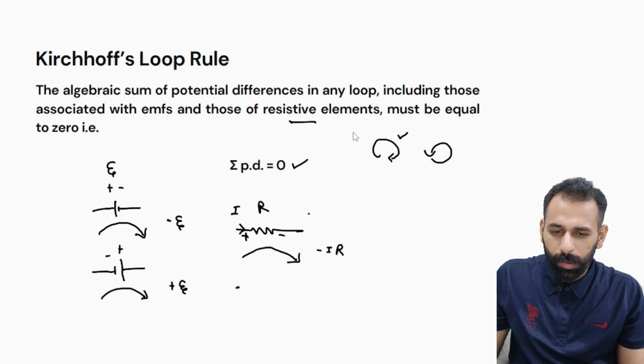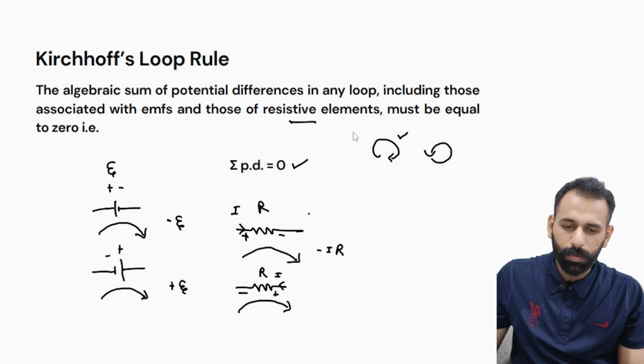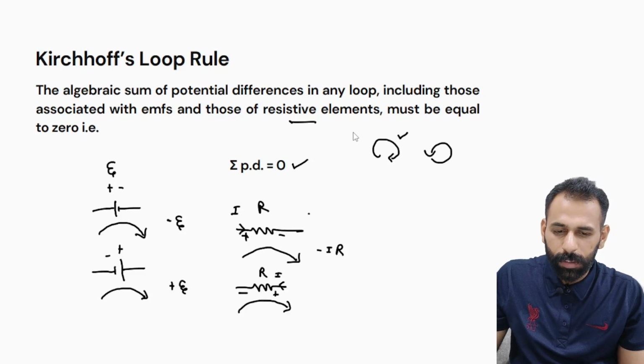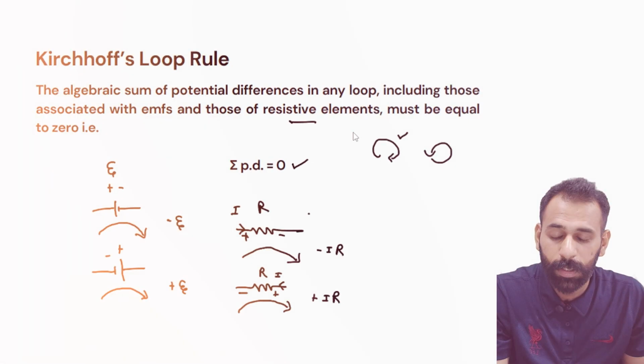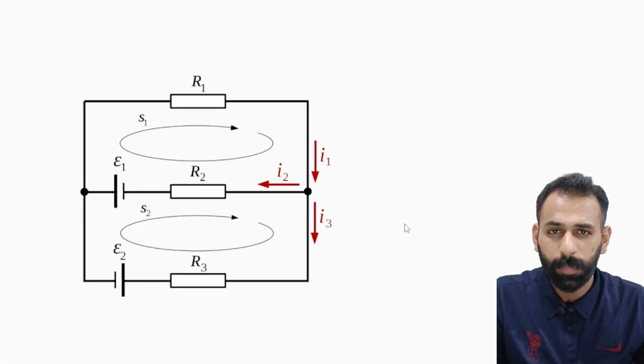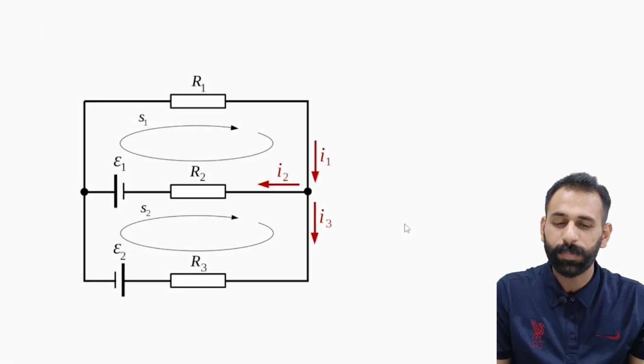And if it is given like this, where the current is toward this side and it is a resistance R, and the loop is clockwise, it is going from negative to positive, meaning lower to higher potential, so obviously it will be taken as plus IR in the given circuit. These are very important rules mentioned in your notes. Keep all the rules in your mind and let us solve this problem.